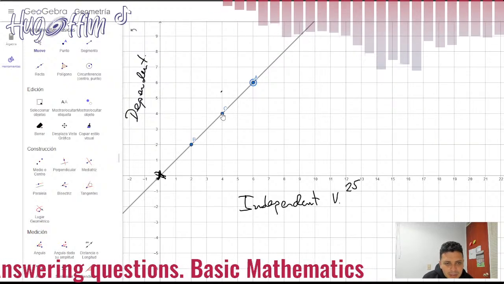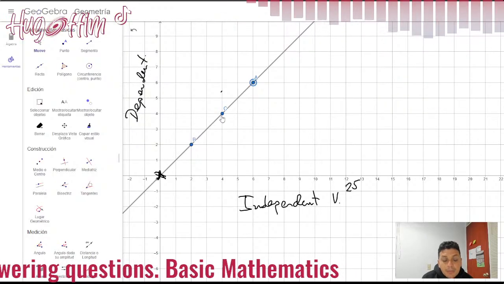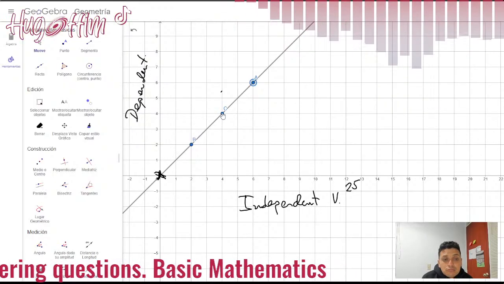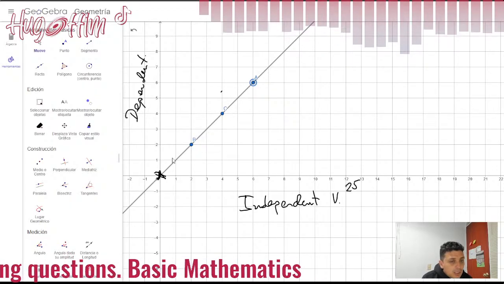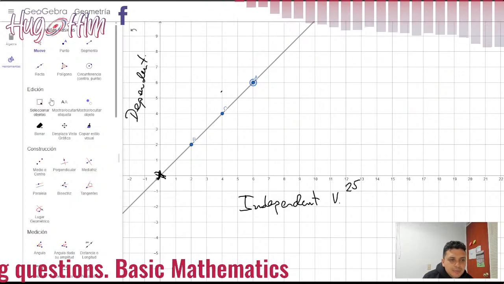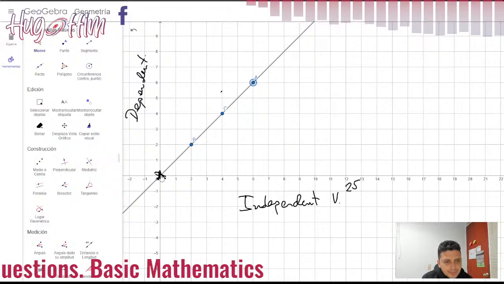Maybe I can make it more difficult. Okay, let's use this example, so we don't take a lot of time talking about how to put the numbers here.